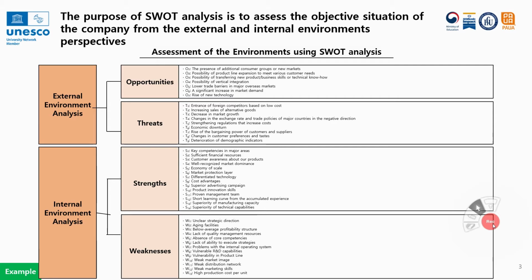And the next one is the lack of quality management resources. If we are very good at quality management, that's one of the strengths. But in case we do not have such quality management resources, that's one of the weaknesses.